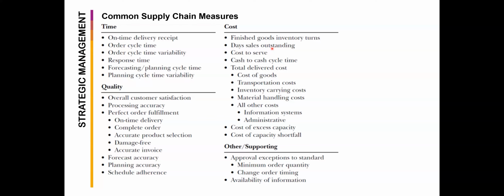The quicker it is, the better in terms of inventory value, but it might also mean that we're not fulfilling the inventory needs. So that's also a different perspective on quick inventory turns. Information systems, if that's part of the costing, that's also included. On-time delivery receipt, order cycle time, response time, and so on.